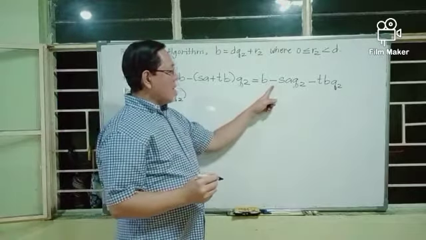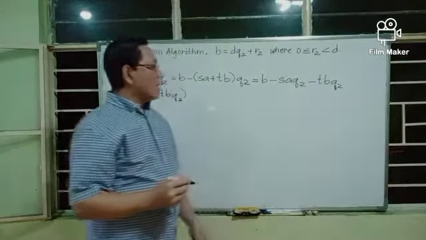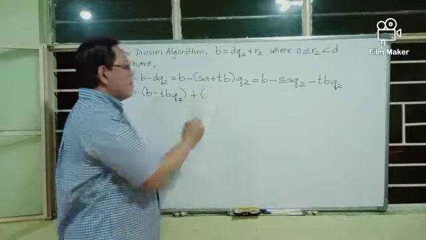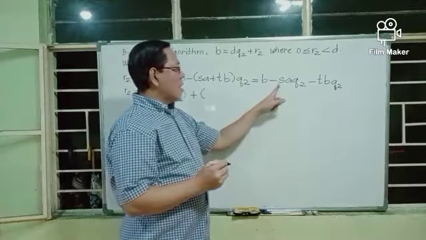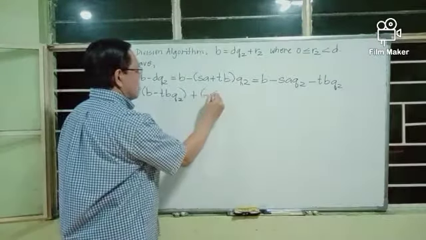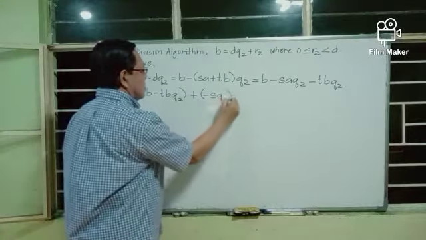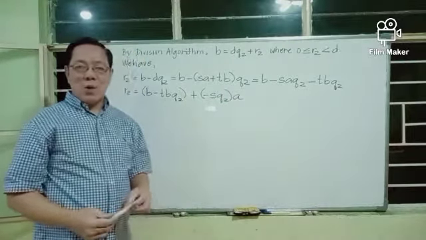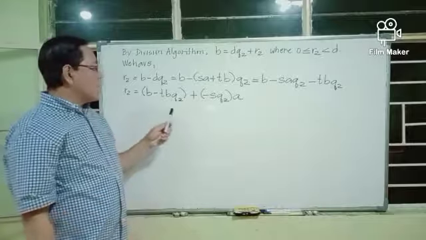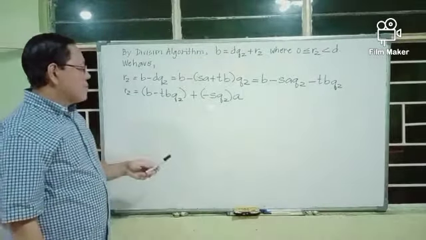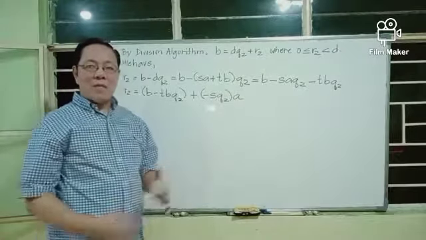And we write minus SAQ2 as plus minus SQ2 multiplied by A. What we want to show here is that R2 is a linear combination of the integers A and B. And we write this first as the first term.